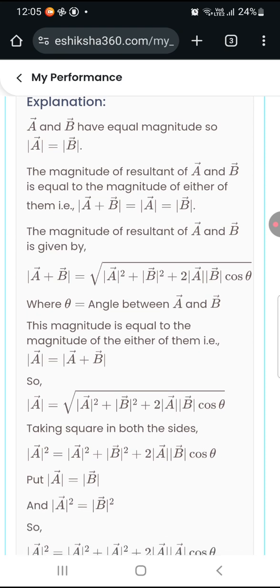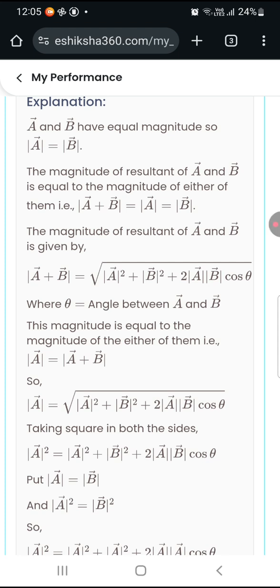Explanation. A and B have equal magnitude, so the magnitude of the resultant of A and B is equal to the magnitude of either of them.